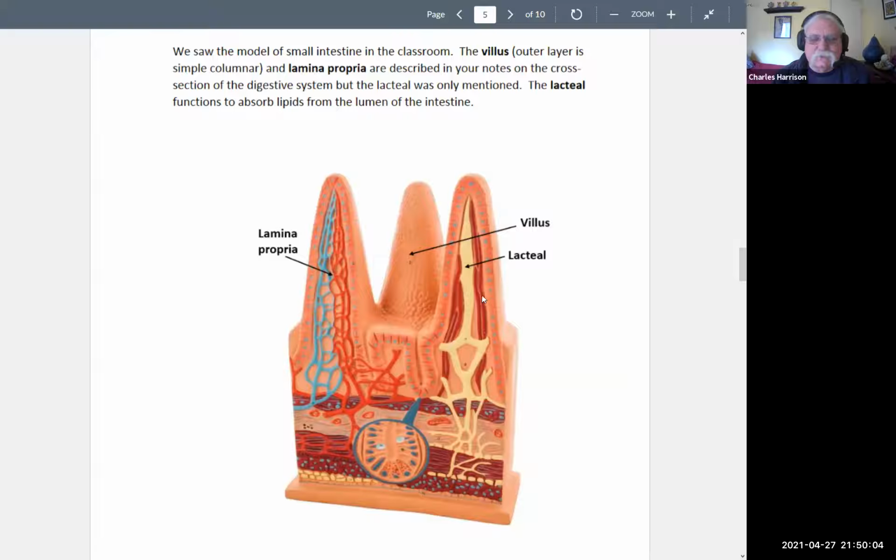Now, if you picture in your mind the circular lumen that we drew, I also drew villi and put on the outside of it microvilli. The microvilli is an epithelial layer. Since this is a part of the GI tract and not the upper esophagus, this epithelial layer must also be simple columnar epithelium.